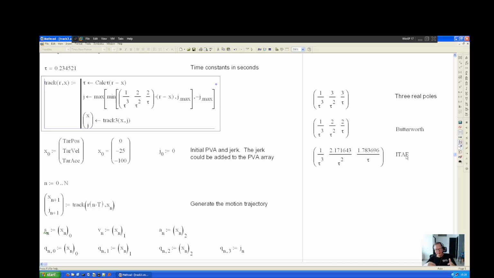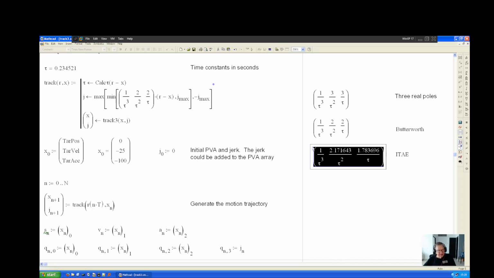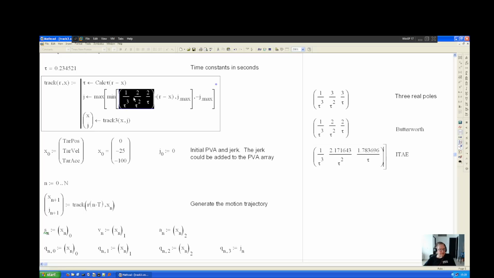I'm taking the absolute value of the error and trying to minimize that, and I get these coefficients. If you look up integrated time absolute error, you can see that these are the constants you get. Then you have to scale them based on the time constants or lambda, and I've got a video on that. So if I copy these, this would be the other alternative that I would use.